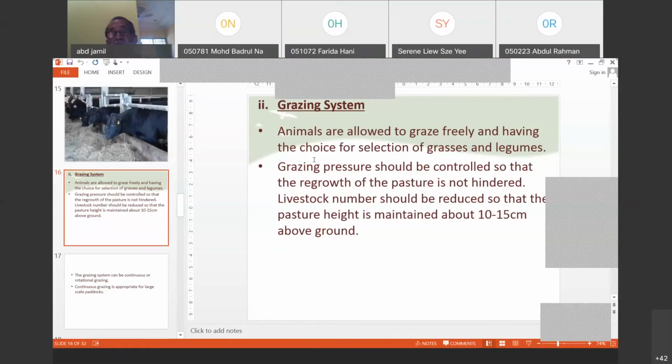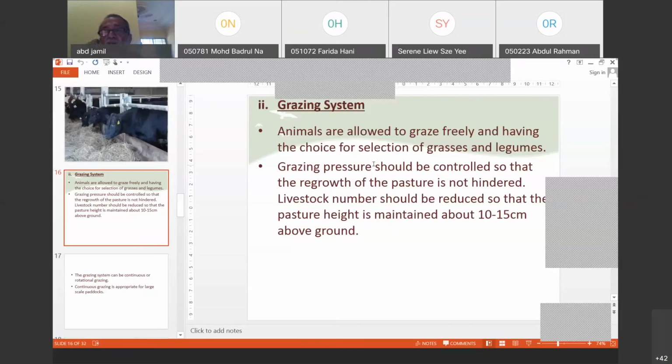The grasses must be able to withstand the animal stepping on it, and grazing pressure here means how many animals you can keep per unit area per unit time.